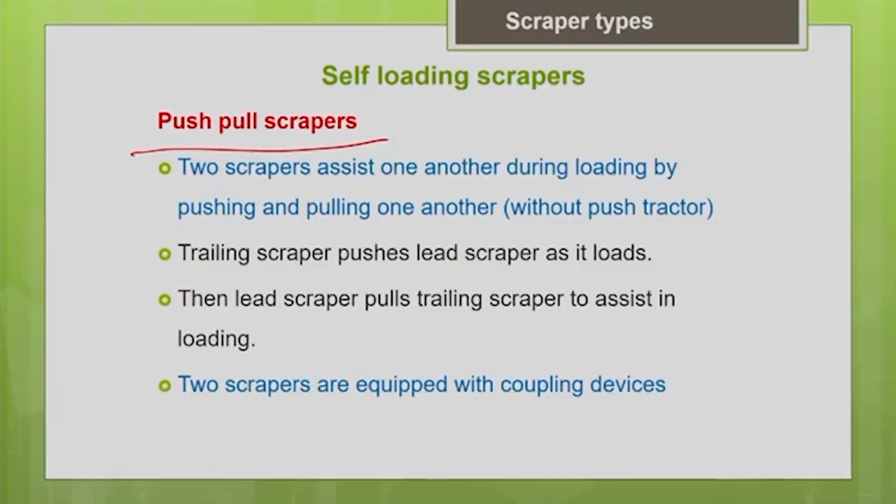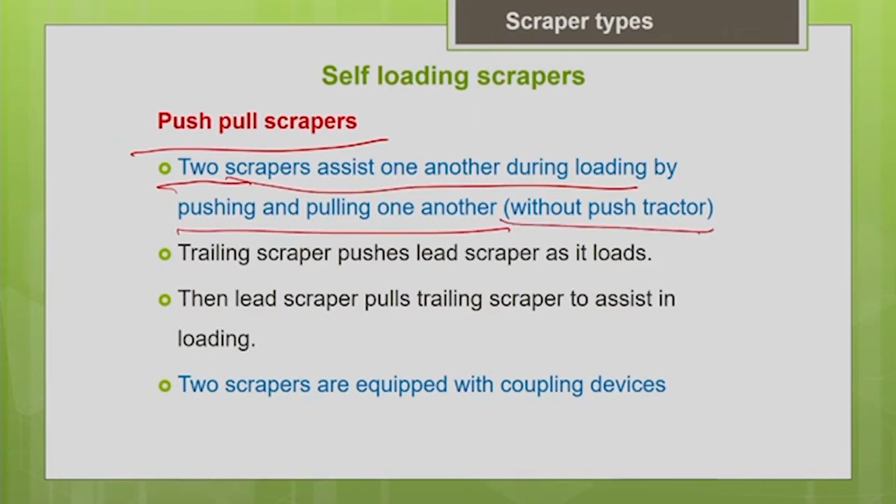These two scrapers are connected to each other with a coupling device, so that they can help each other during the loading operation. This is a kind of teamwork, and with its help we can get the job done. This is basically the mechanism of push-pull scrapers. The two scrapers assist one another during loading by pushing and pulling one another without the help of a push tractor.